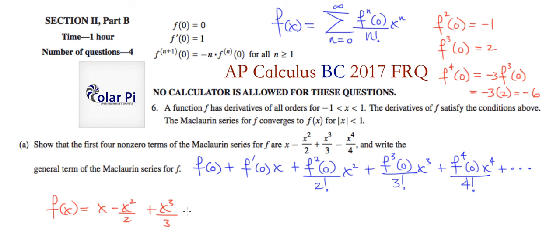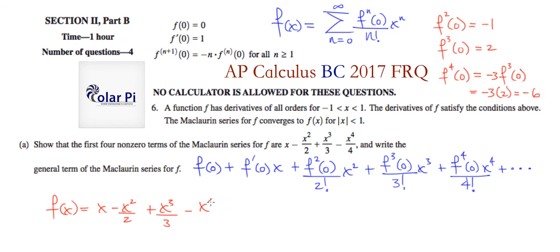Okay, and then the fourth term, the last one we'll have to find, will have to be this, which is -6. We all know 4 factorial is 24, so it's actually not plus, it's -6 over 24, and then x to the 4th, right? But we could reduce that to a quarter, so it's just -x to the 4th over 4.